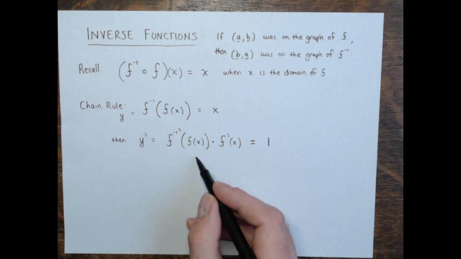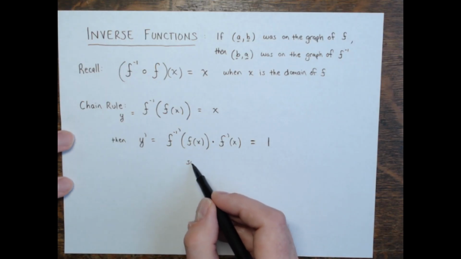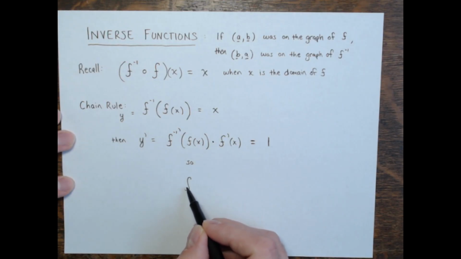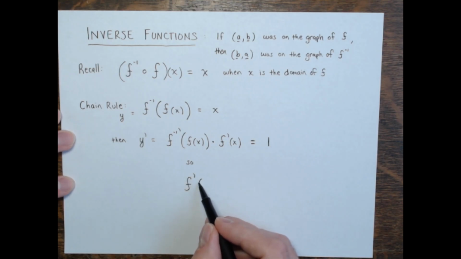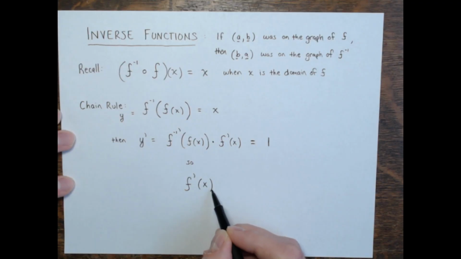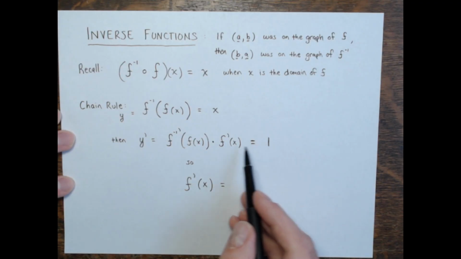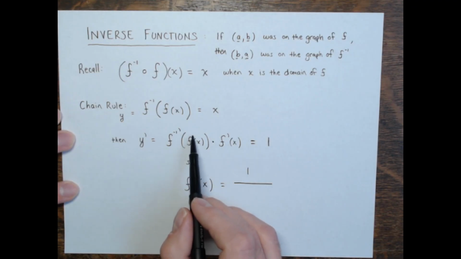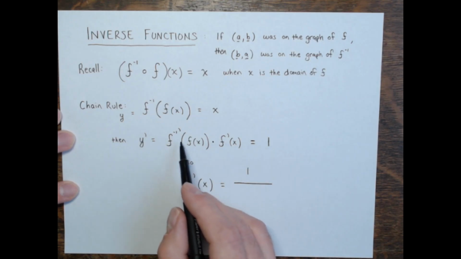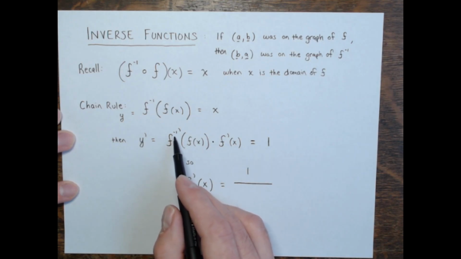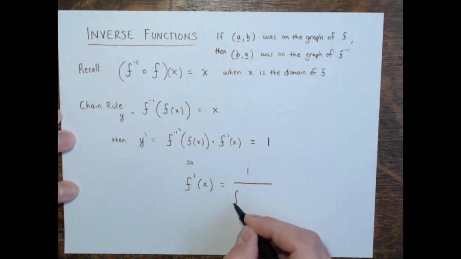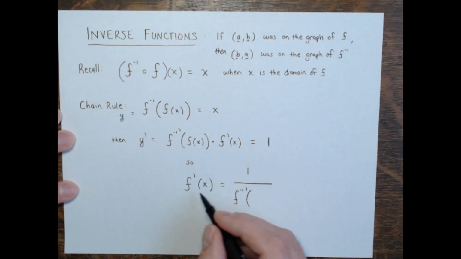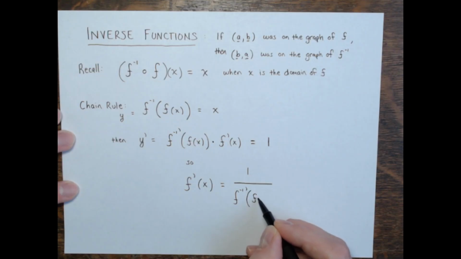Then solving for F prime here, getting this F prime alone, so F prime of X is equivalent to 1 over, as long as this is not 0, you can divide by it, so we're making that assumption, the derivative of F inverse, so F inverse prime, with the original F put inside.